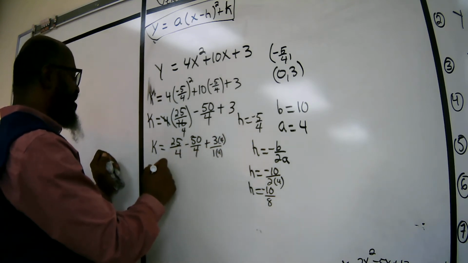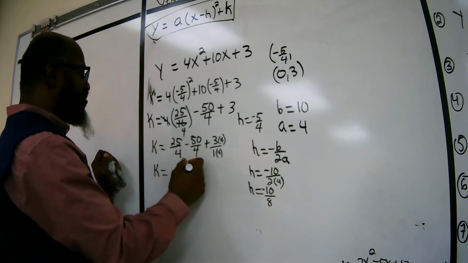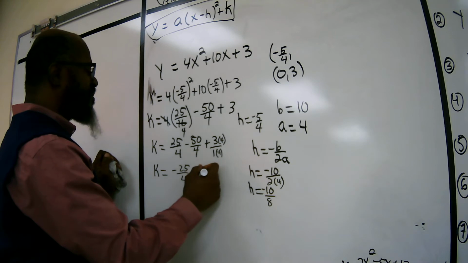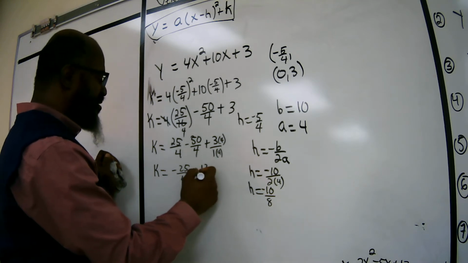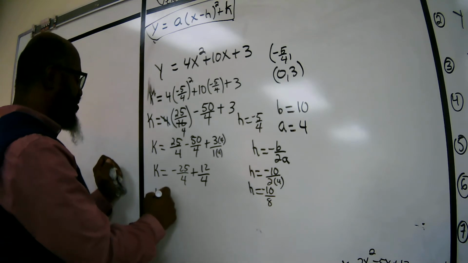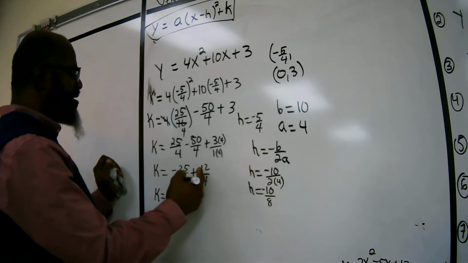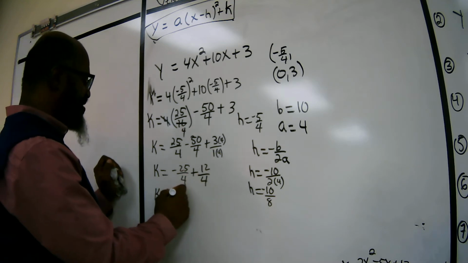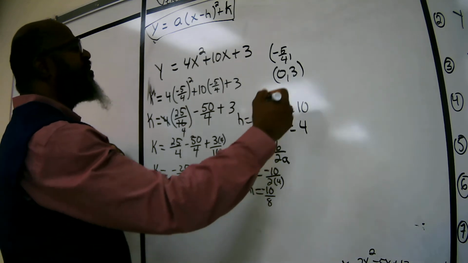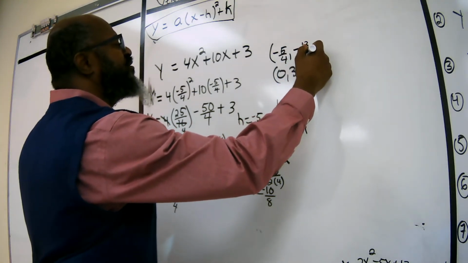Then k equals, combine those two, that will give you negative 25 over 4 plus 12 over 4. Then k is negative 13 over 4.